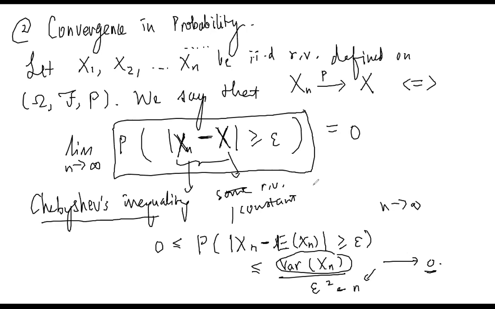This probability is sandwiched between two values which are the same, indicating that the limit is equal to 0.